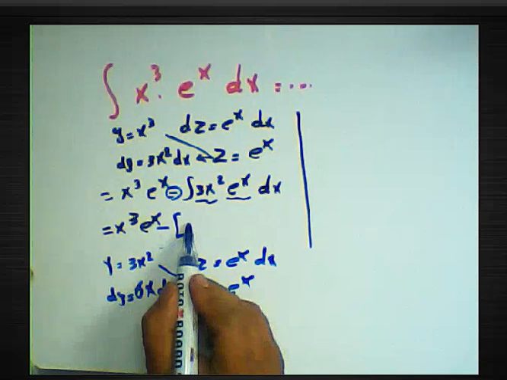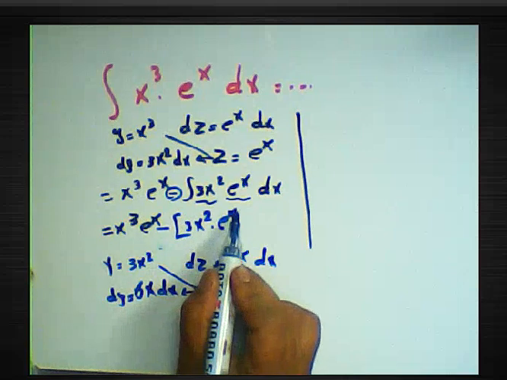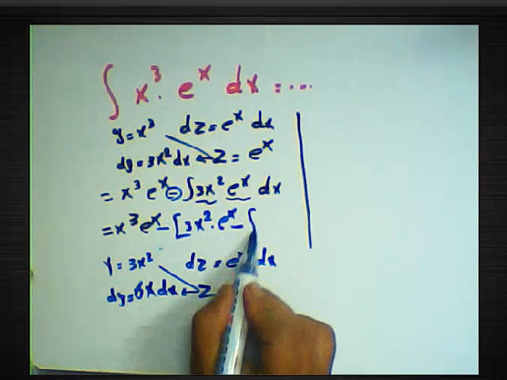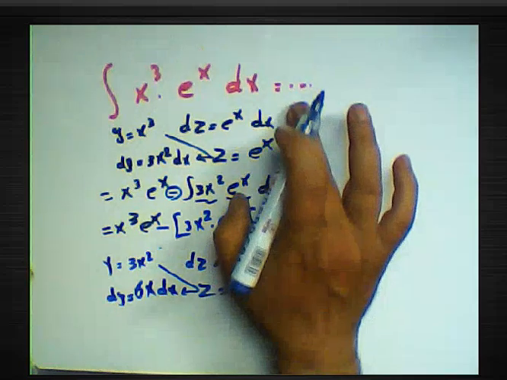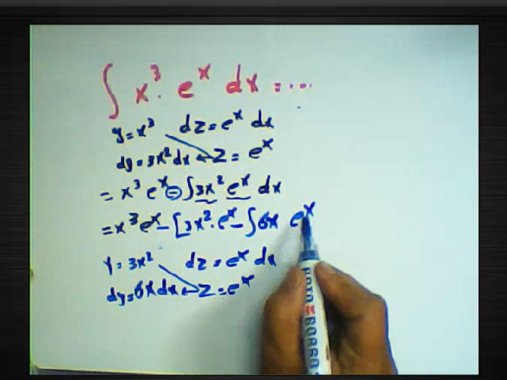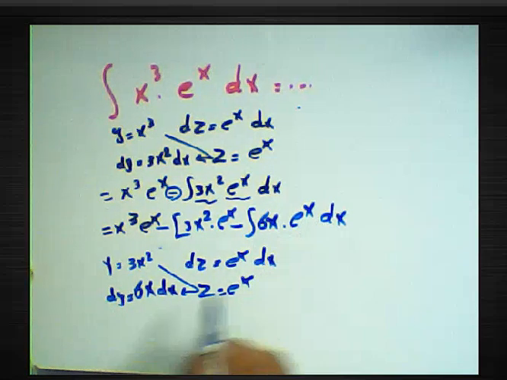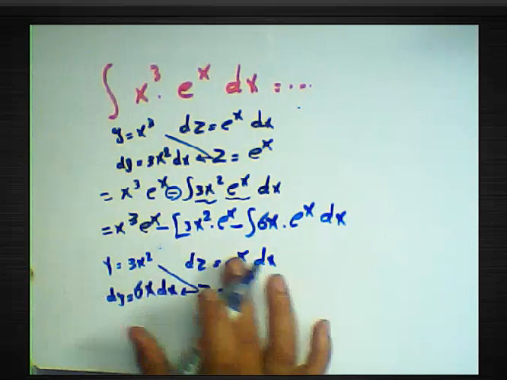The multiplication of them will be 3x^2 · e^x, subtract the integration of the multiplication of this function, 6x e^x dx. Okay, and then we can simplify it.